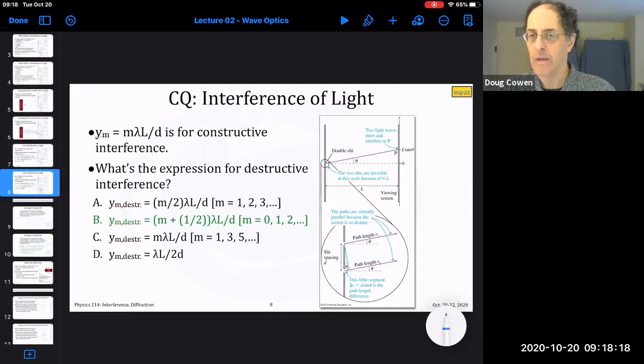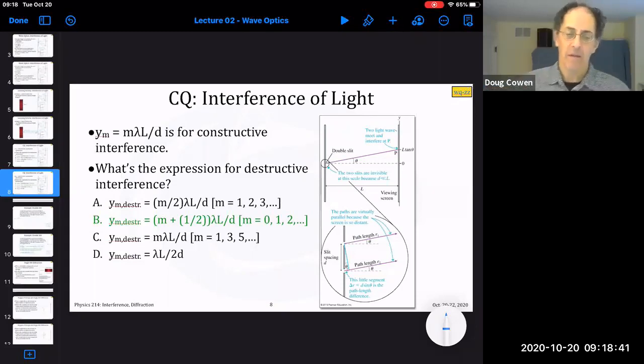If m equals 1, you'll have 3 halves. If it's 2, you'll have 2 plus 1 half, which is 5 halves, and so on. So the number of additional wavelengths traveled by the lower wave, in this case, relative to the upper one, is a half integer.